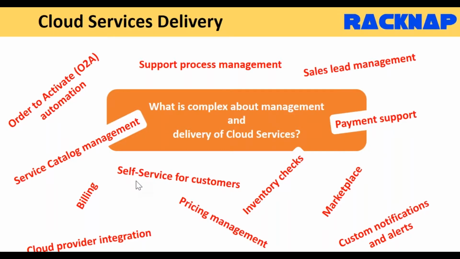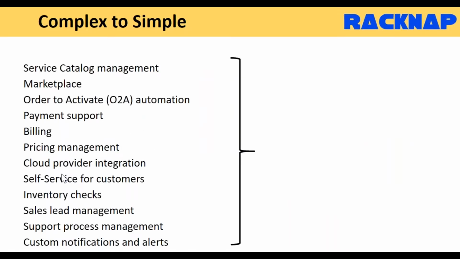So it might be mind-blowing for someone to think that there is a huge amount of things to take care of. You might be wondering, it's too overwhelming for me. How do I go about managing this effectively so that I can start offering this in an efficient way to my customers? That looks like a very daunting task.